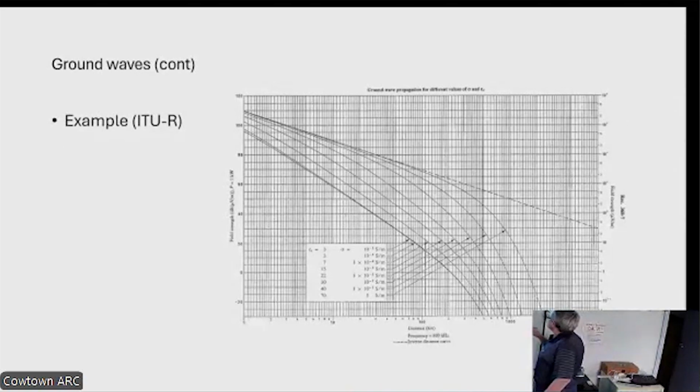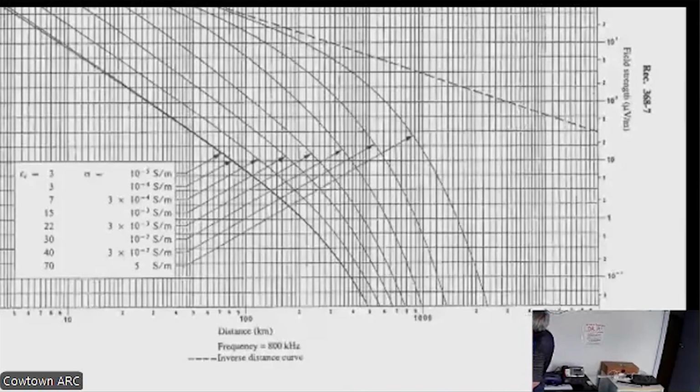I think this is a 1 kilowatt transmitter. I'm not sure what the antenna gain is here, but it's telling us what the field strength is. One's in dB microvolts, the other's, what's the other scale on the right side? I don't recall. But anyway, what you can see is as the conductivity is increasing, there you go, thank you.